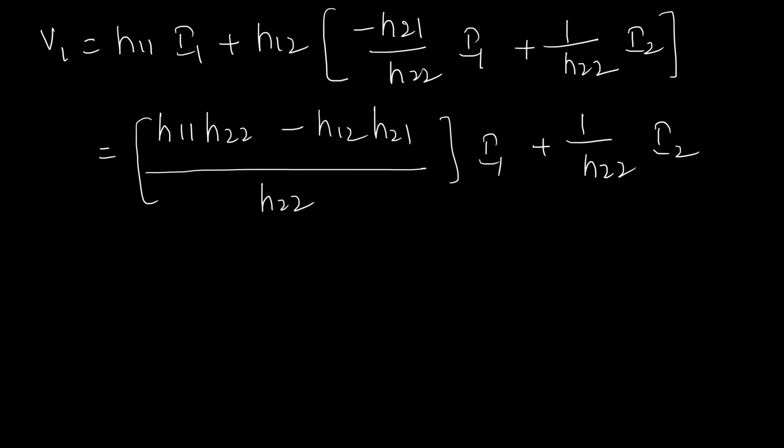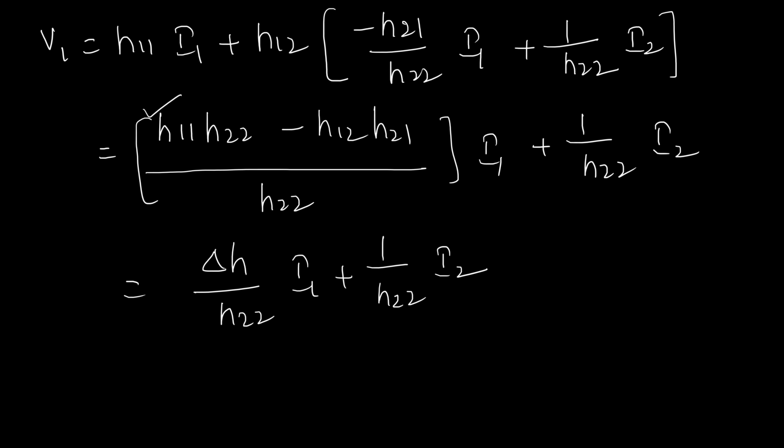This numerator part is nothing but delta H. So V1 equal to delta H by H22 into I1 plus 1 by H22 into I2. Call it as equation 4.